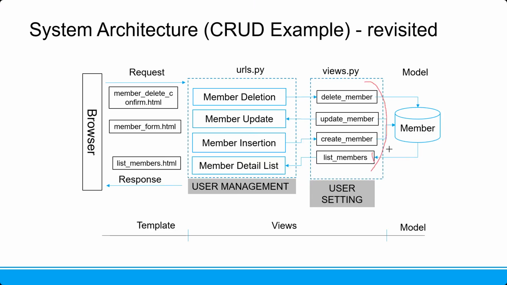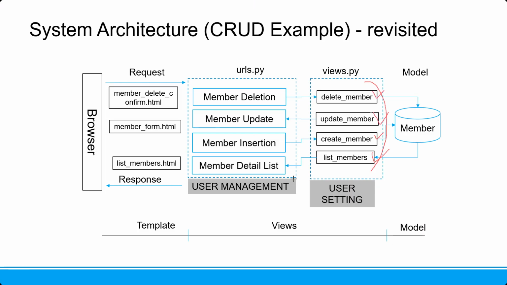The first function is list members. This is to show. And then we have create member. We want to make a new member. We have update member. So we want to modify the member name. And we have delete member. So we want to remove the data from the database.